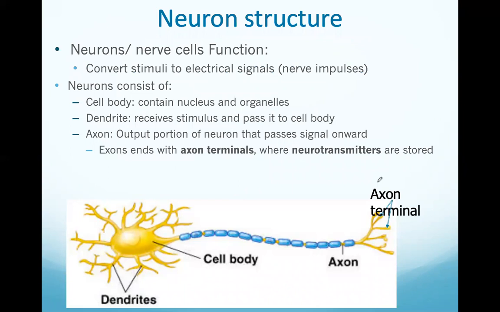So we're going to talk about the neuron or nerve cell structure, and then I'm going to end the lecture and we'll pick up the rest of this in our next PowerPoint. A nerve cell structure is the following. You have these many extensions or processes right here called the dendrites.